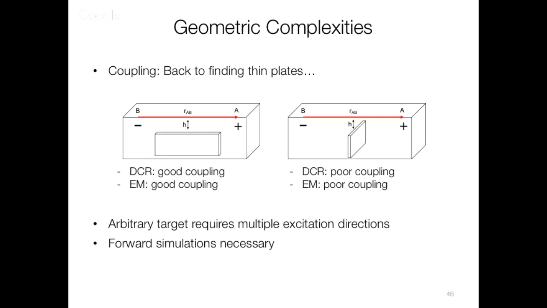You'd say that doesn't look too promising, right? Because I don't have very much flux here, so that's poorly coupled electromagnetically. And then I've got stuff that's coming through. Well, I know I can find a little bit of a plate here, but it's not the ideal thing. You think, okay, that's probably poor.